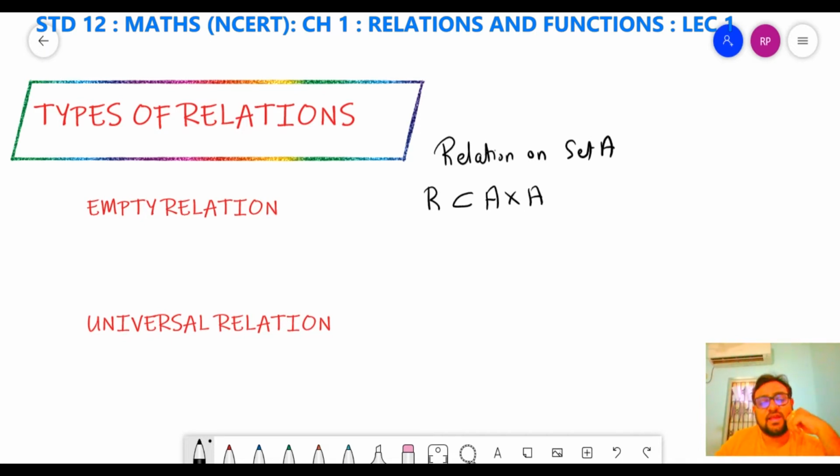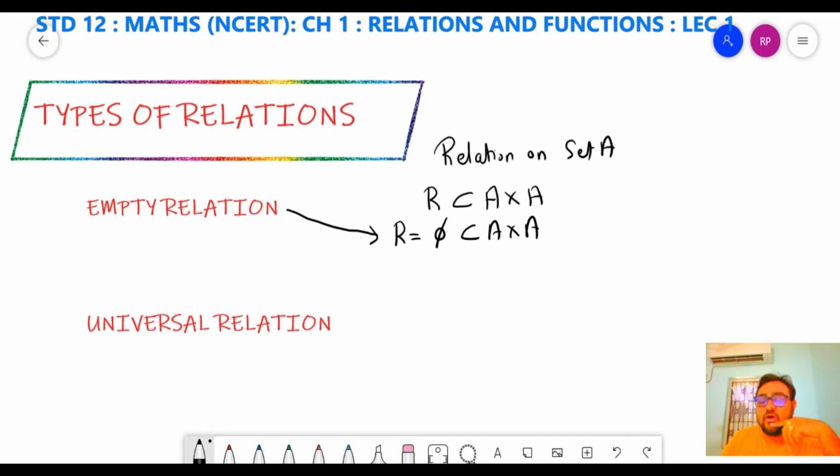Now, if I take any relation such that it is equal to phi, then obviously this is a subset of A cross A, right? Then that relation is called an empty relation.